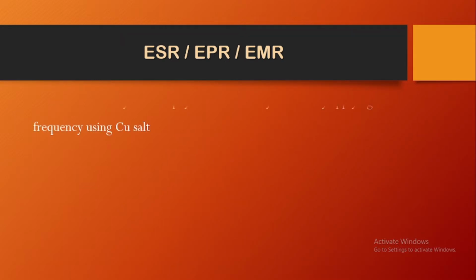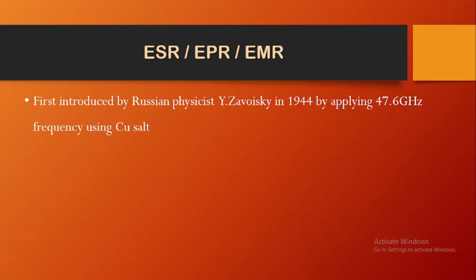If we want to know about the history of ESR, this phenomenon was first introduced by the Russian physicist Zavoisky in the year 1944, by applying 47.6 GHz of frequency using copper salt.